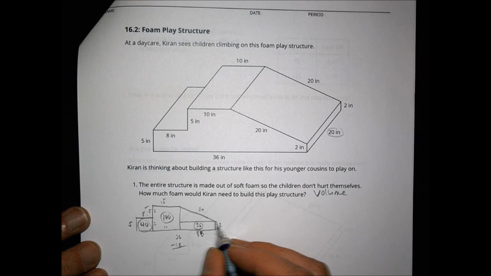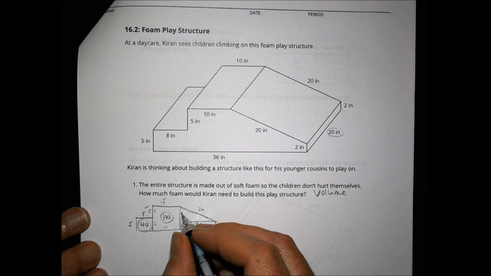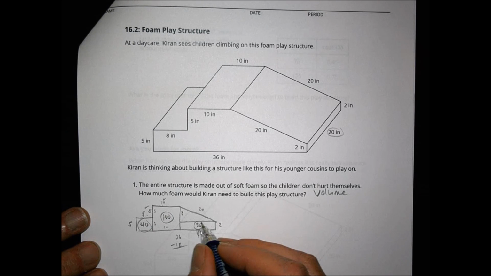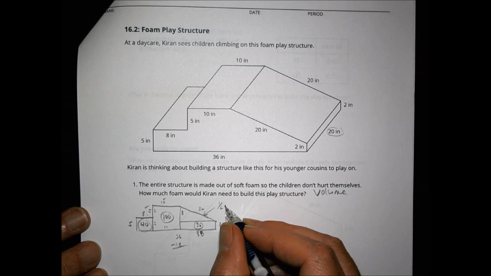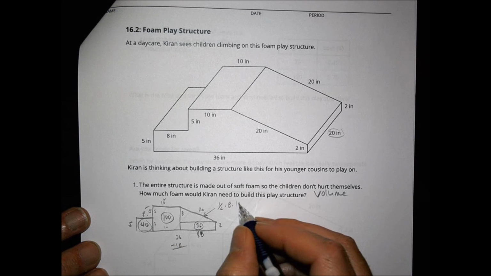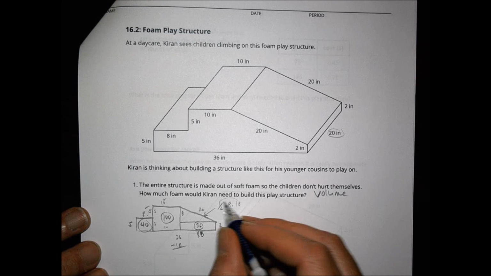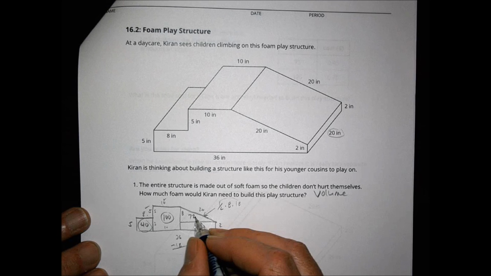If that was 2 and the whole height was 10, that leaves me with a height here of 8. So this has one half of 8 times the length, which is 18. Half of 18 is 9, and 9 times 8 is 72, so I can put 72 right there.